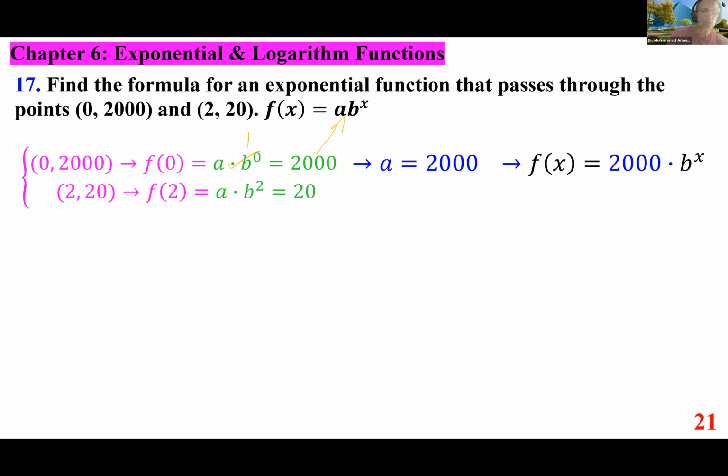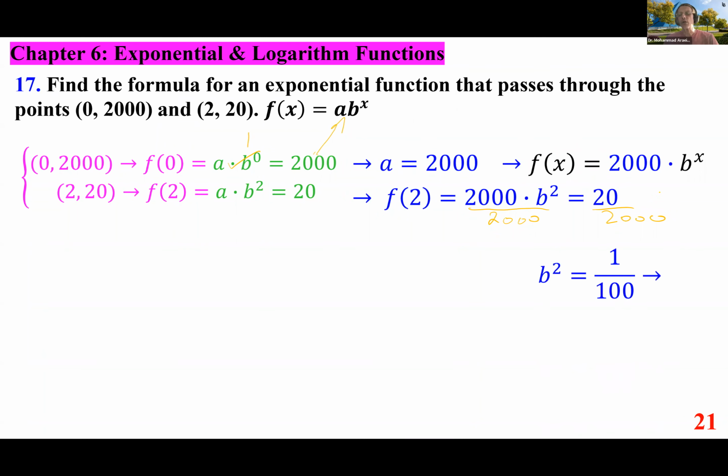When we work with the second one, we replace the x with 2 and f(x) or y with the second coordinate, namely 20. We can divide both sides by 2000.